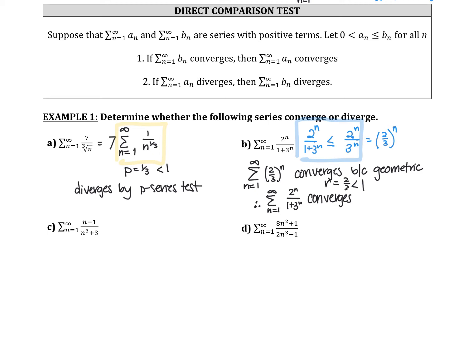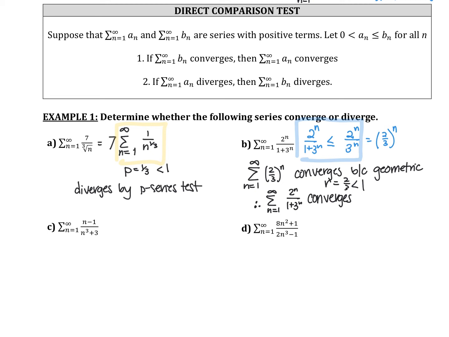Just like when we go to take limits and we look at some of these, sometimes it's easier to reduce the problem just a little bit to see if we can compare it to, or simplify the problem just a little bit. And if I look at the powers of these, I see that this is n to the first and n cubed.